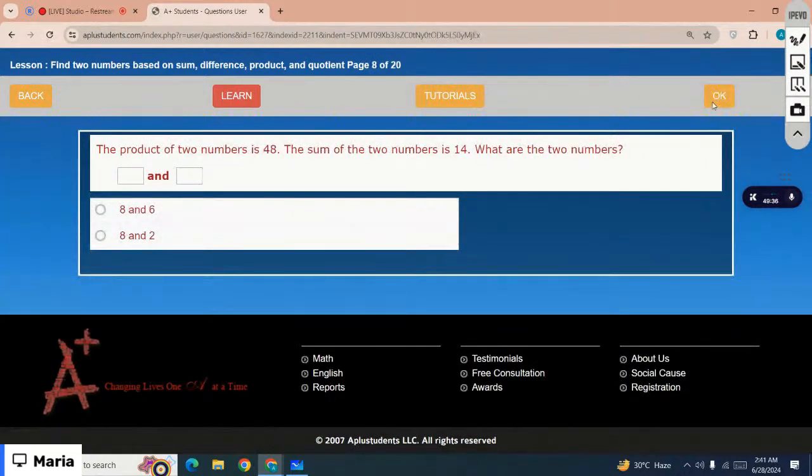The product of two numbers is 48 and the sum of two numbers is 14. What are the two numbers? Which is the correct option?